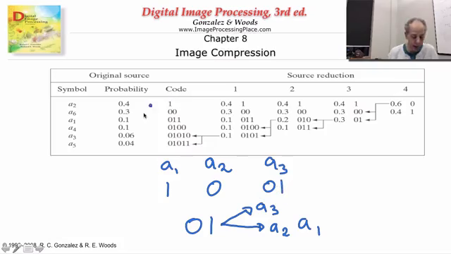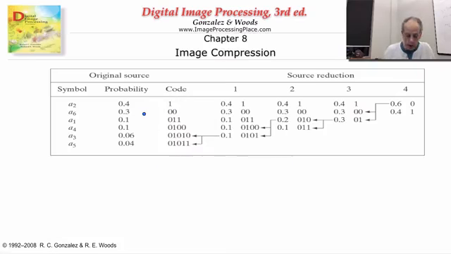That doesn't happen here. Let me just clear these annotations. None of these codes, so for example the 00, you don't find it anywhere here. So when the decoder sees a 1, it knows what to do. It puts the pixel value of A2. When it sees a 0, it says, oh, I have to wait because there are many codes that start with 0. If it sees another 0 next, it says, oh, I'm done. I basically have 86.